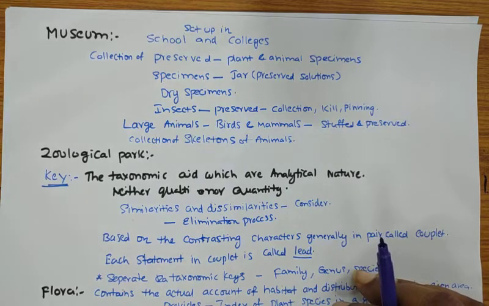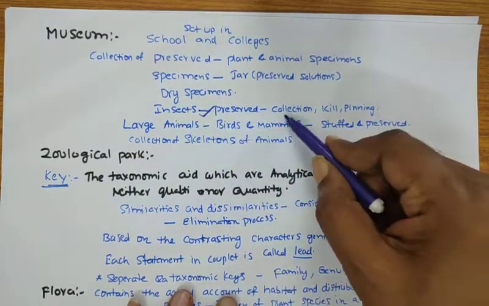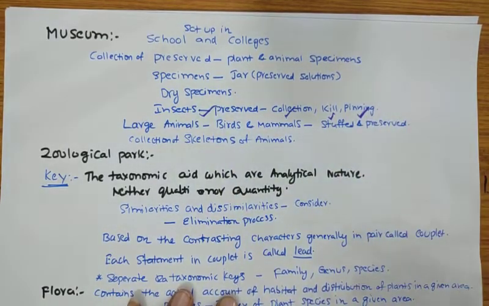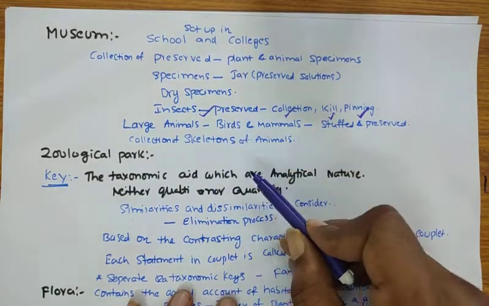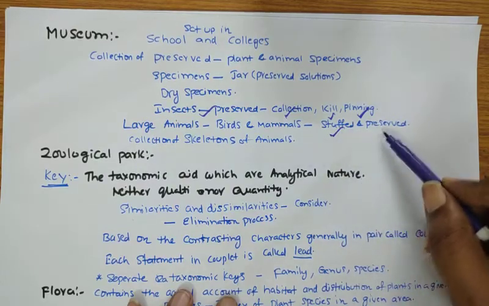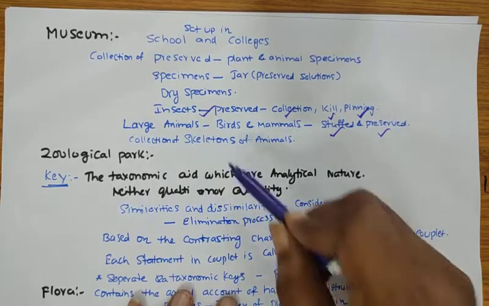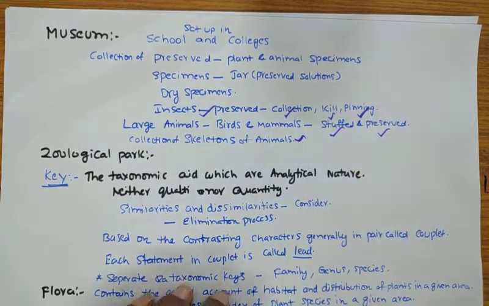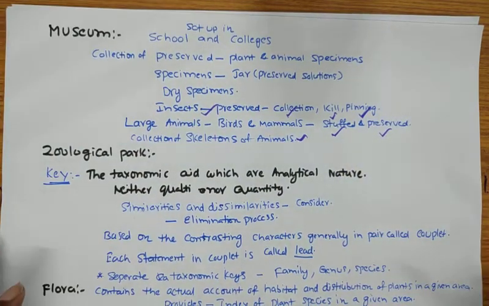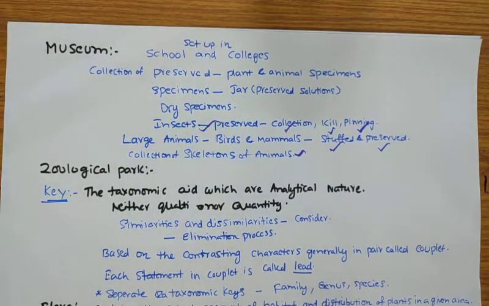Plant specimens may be maintained dry by museums, and animal specimens too. Insects are preserved by collecting, killing and pinning on boards. Large animals like birds and mammals are preserved by first stuffing them. Collections of skeletons of animals are also maintained by the museum. Many zoological parks are there, and they maintain many animals.